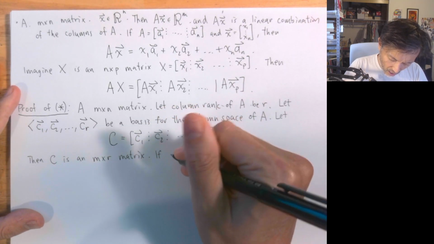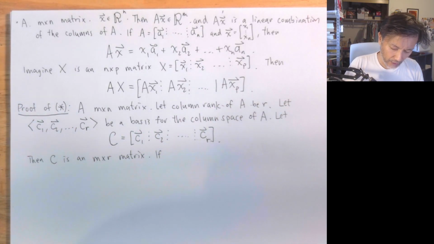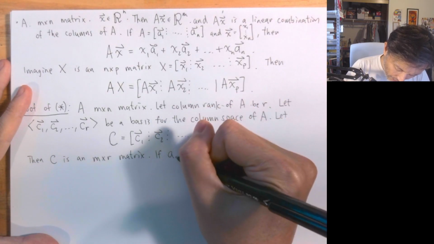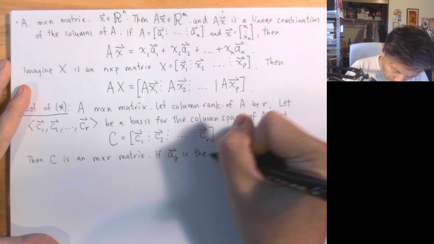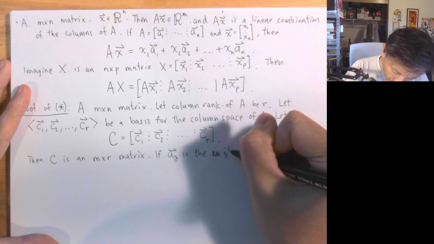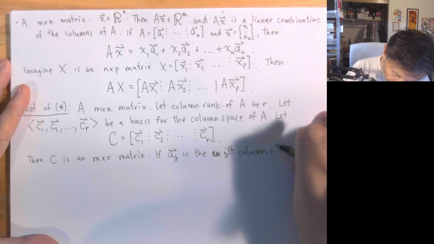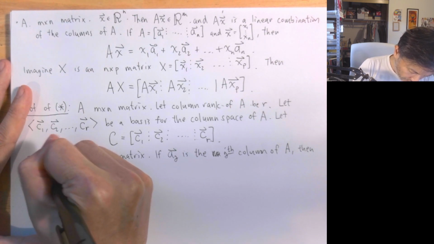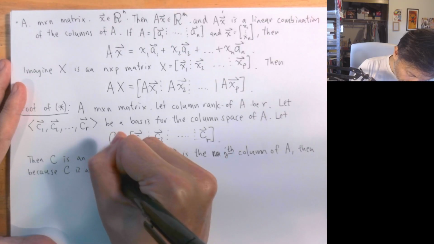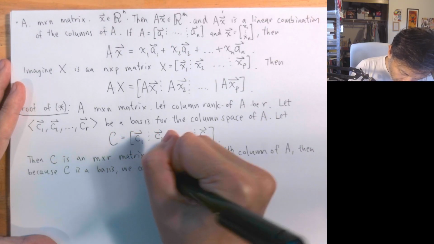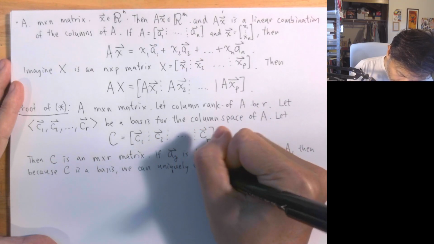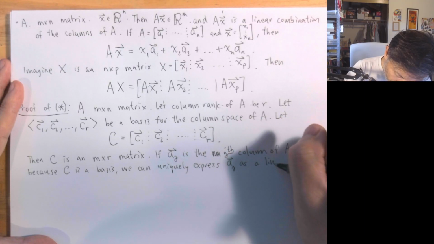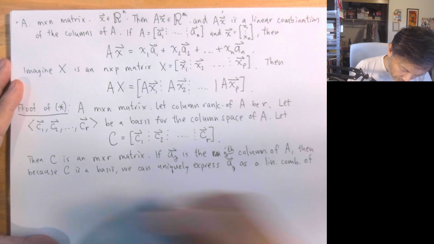If Aj is the jth column of A, then because C is a basis, we can uniquely express Aj as a linear combination of elements of C.